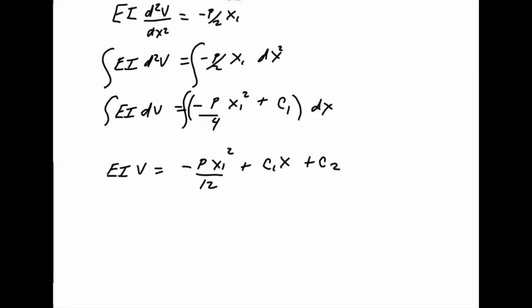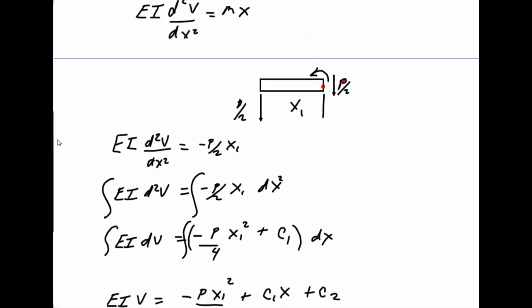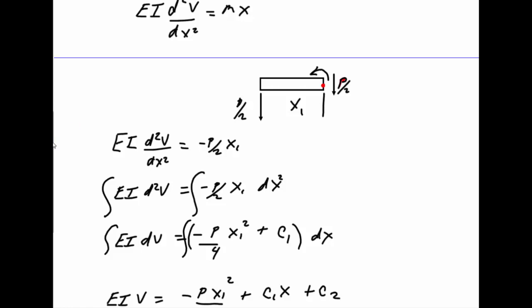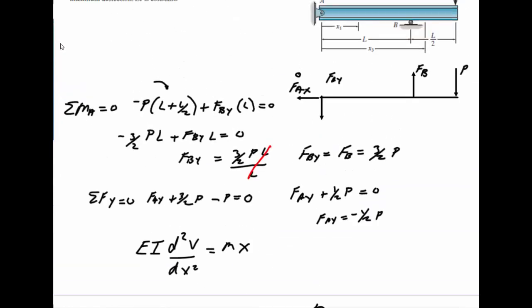Alright, so far so good. So we're getting these two equations here. Now if you want to at this point, you can go ahead and determine some of your condition points. We know that when x is equal to x1, we go back to our picture here.